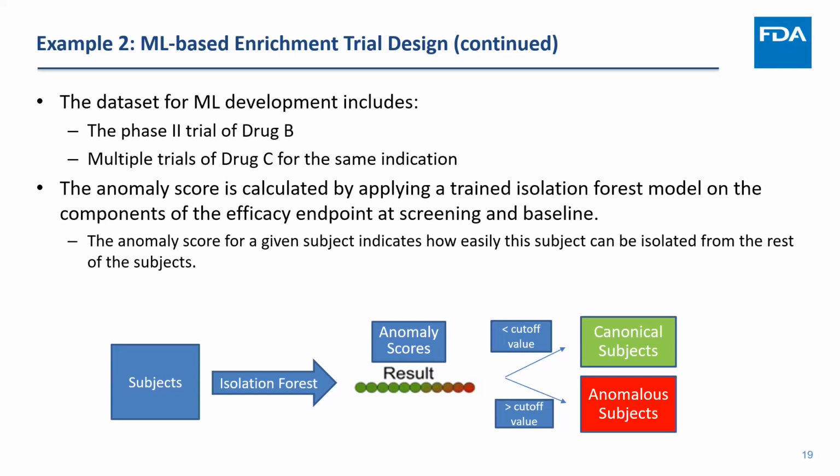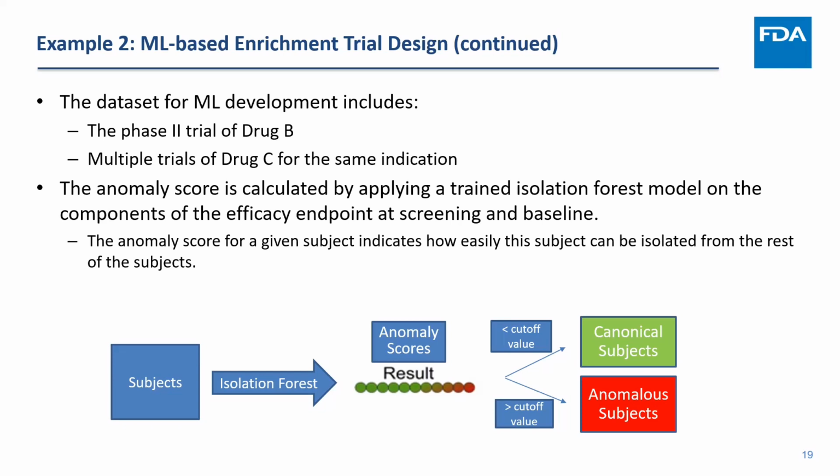Basically, they compare the structure of a patient at screening and at baseline and see how different they are, right? Because theoretically speaking, for a normal patient, screening and baseline have only 10 days difference, right?